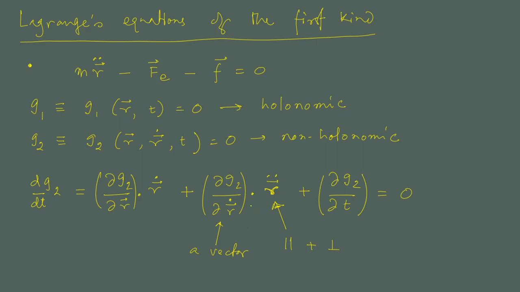The perpendicular component will not contribute because the dot product of two orthogonal vectors is 0. So essentially, the part of the acceleration parallel to this vector is influenced by the constraint, or in other words, the constraint has something to say about the acceleration along this direction, the direction given by this vector.